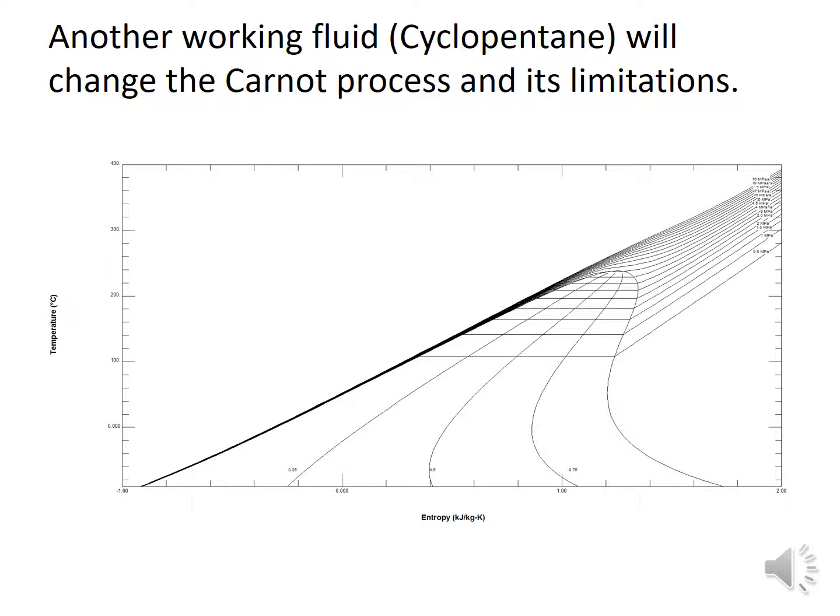You see here we have much more bend in the saturation curve, meaning that if we continue our expansion here, we are not going to have an isothermal heat rejection anymore, so we are even more limited. We can only move in this area.